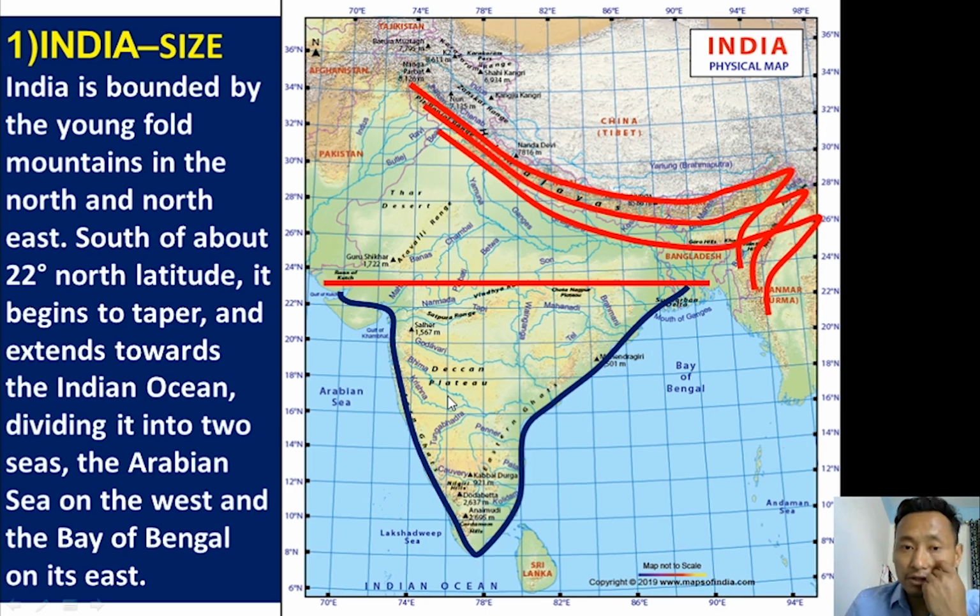That is called a peninsula. We can say peninsular India. Geographically, peninsular India tapers toward the south from 22 degrees, and it divides the water into two, the Bay of Bengal and the Arabian Sea, two water bodies, and it is surrounded by water on three sides.